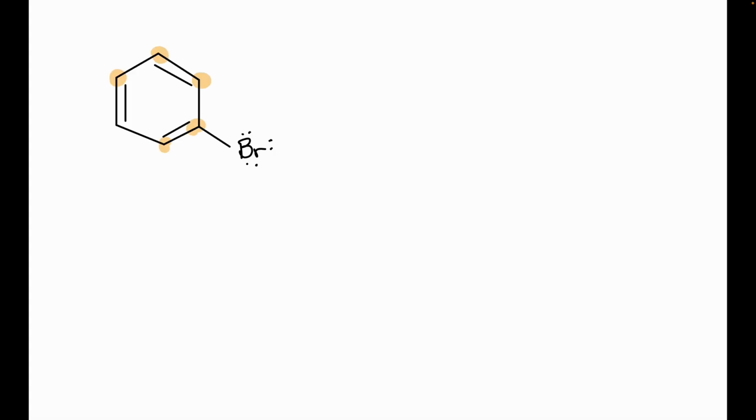My parent chain is that benzene ring. We have a bromo group on that benzene ring, so this would be bromobenzene.